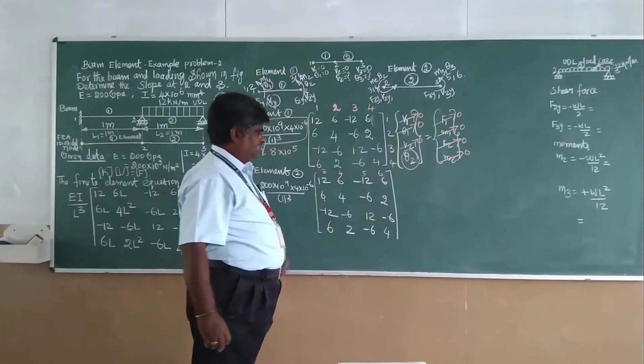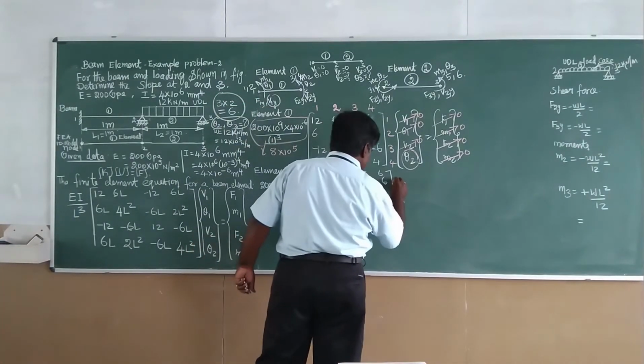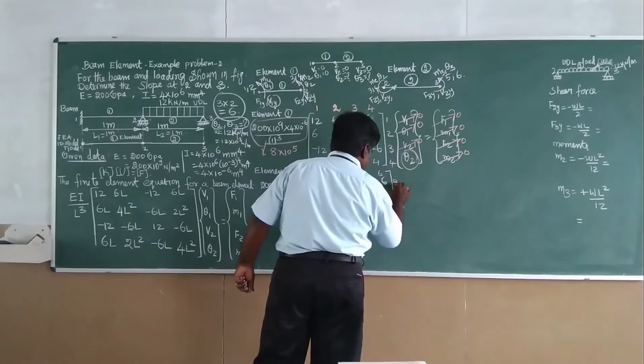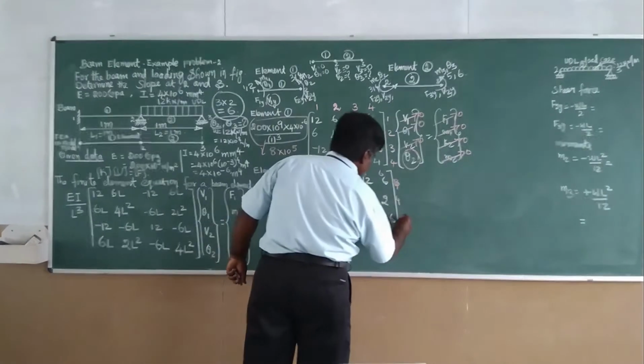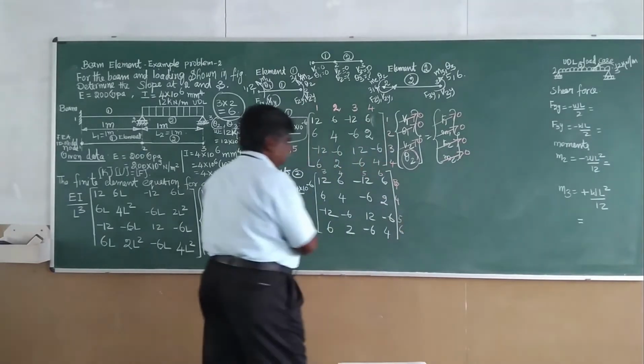Then for rows and columns we indicate similarly 3, 4, 5, 6.